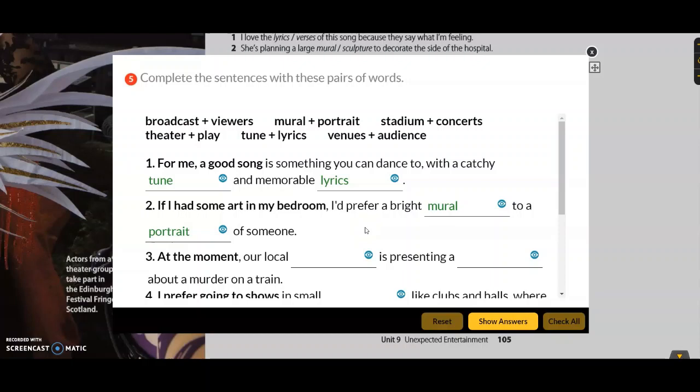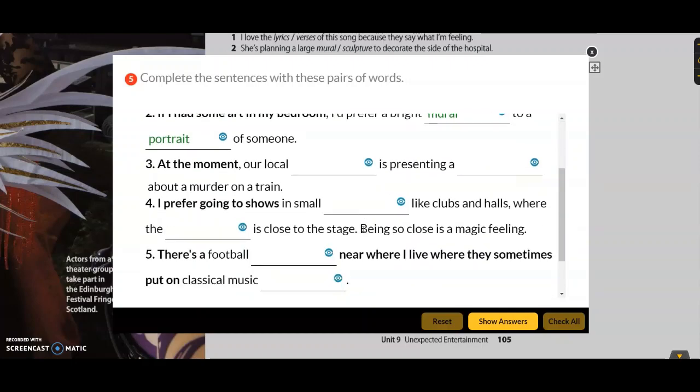Yes. It would be like the mural of your bedroom, and a portrait maybe of someone. It can be, I don't know, a best friend or a girlfriend, or maybe just someone of your family. So that would be the correct answer.